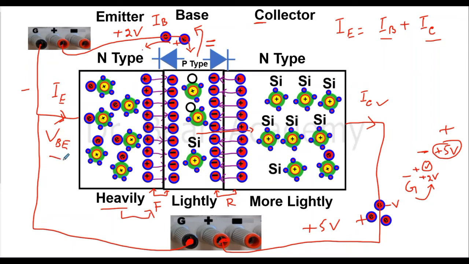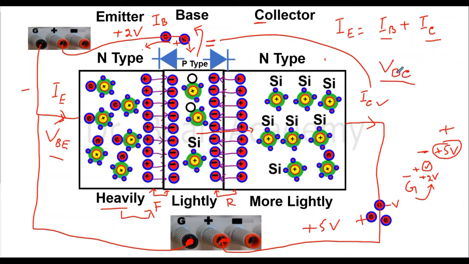That is right? Voltage across the junction, base and emitter. Similarly, we also have a voltage across the base and collector. So we will call that voltage VBC.